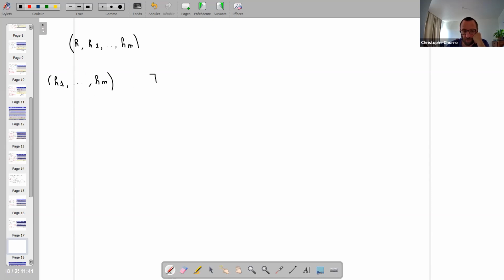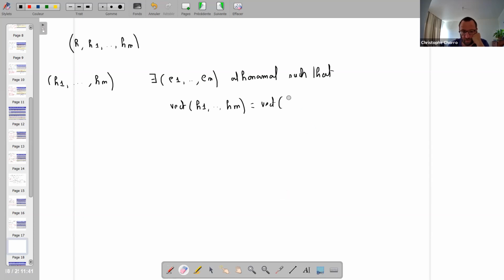So there exists E1, ..., En, that is orthonormal, such that the vector space generated by H1, ..., Hn is equal to the vector space generated by E1, ..., En.